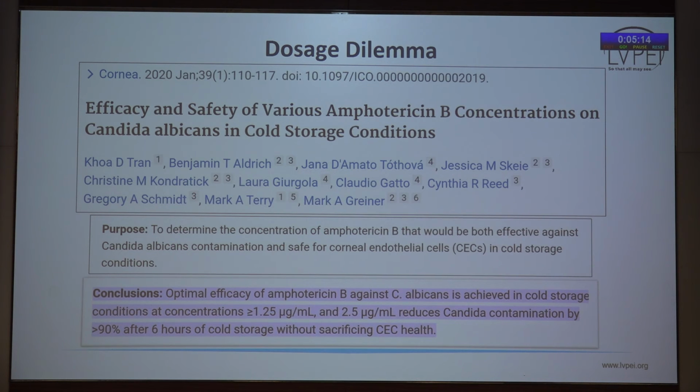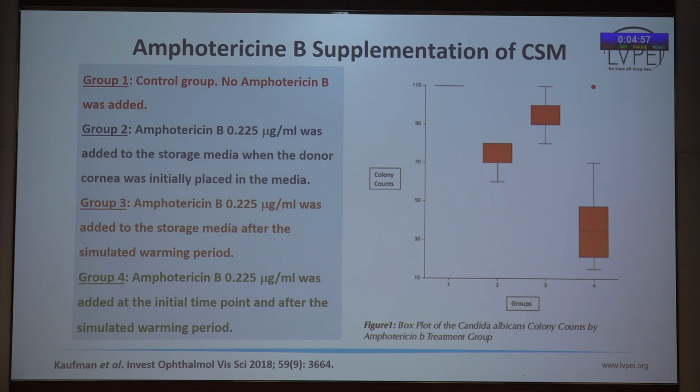So, what is the optimal concentration? This study says that for Candida albicans, a concentration of more than 1.25 microgram, and 2.5 reduces more than 90% after 6 hours of cold storage. In this study they added the drug at different points. One group did not add anything. In the first group they added it when they got the cornea.